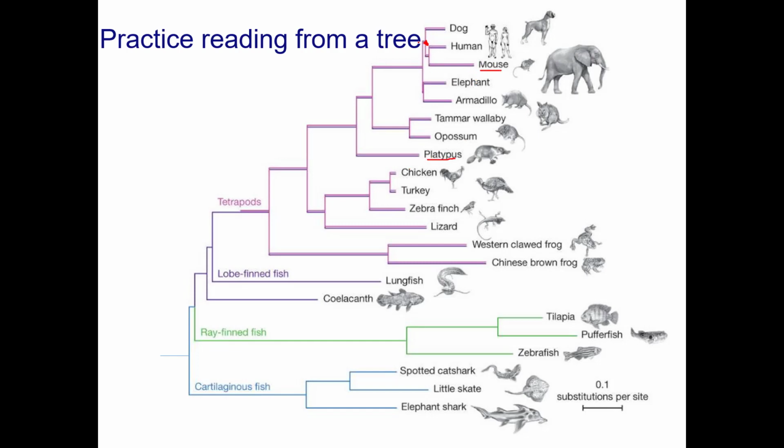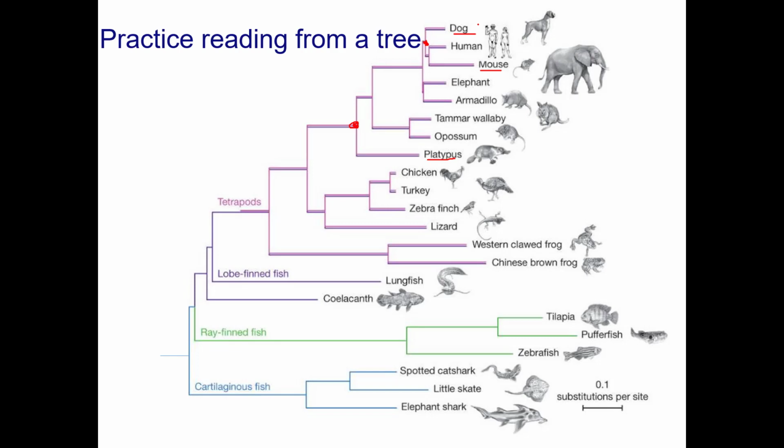On that, you would have to track back all the way to here. This would be the point where platypus and eventually mouse branches off. So because the common ancestor between mouse and dog, you only have to go back this far on the x-axis. Mouse to platypus, you have to go back further. So mouse is more closely related to dog.